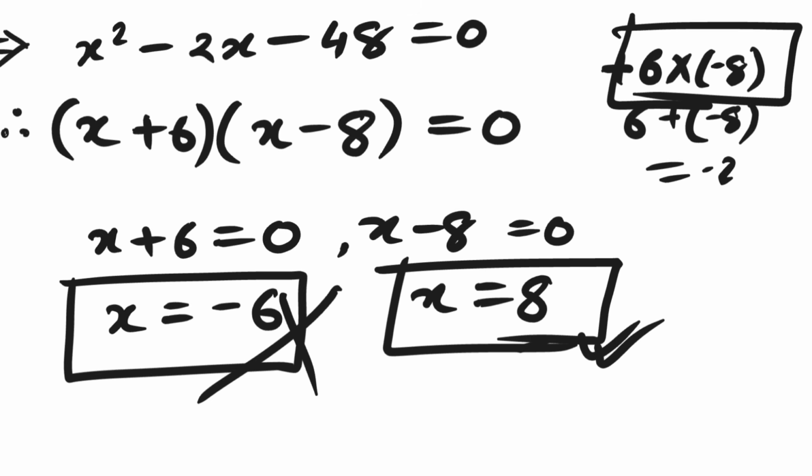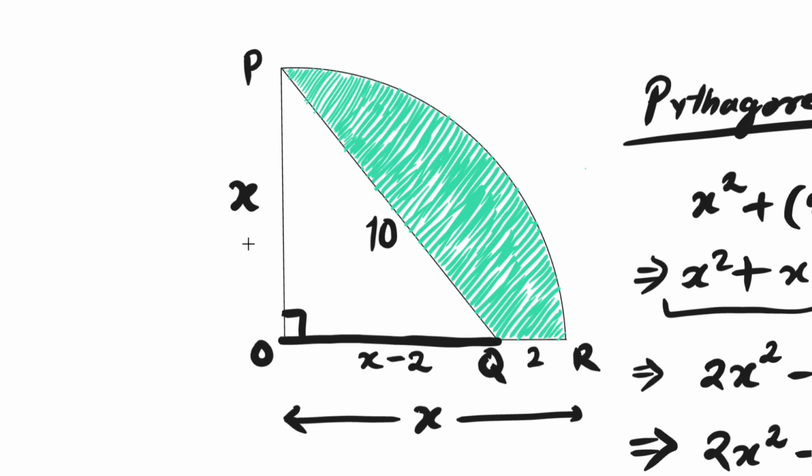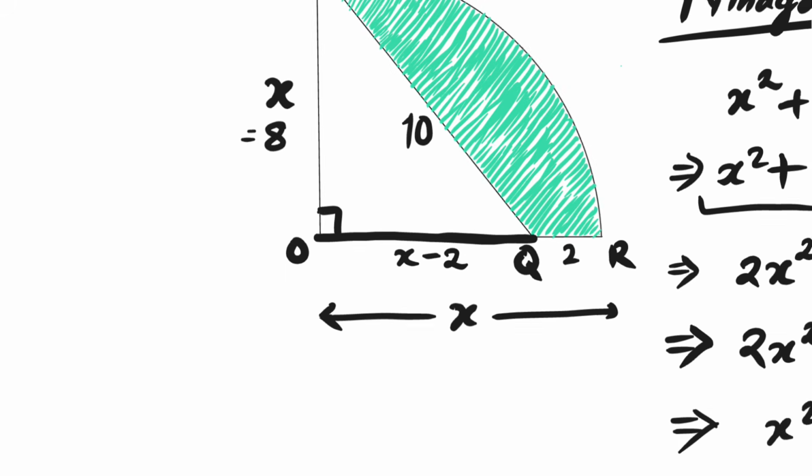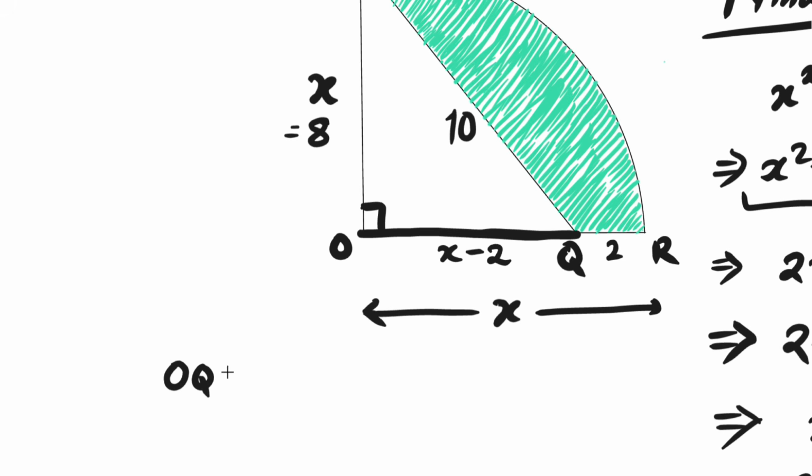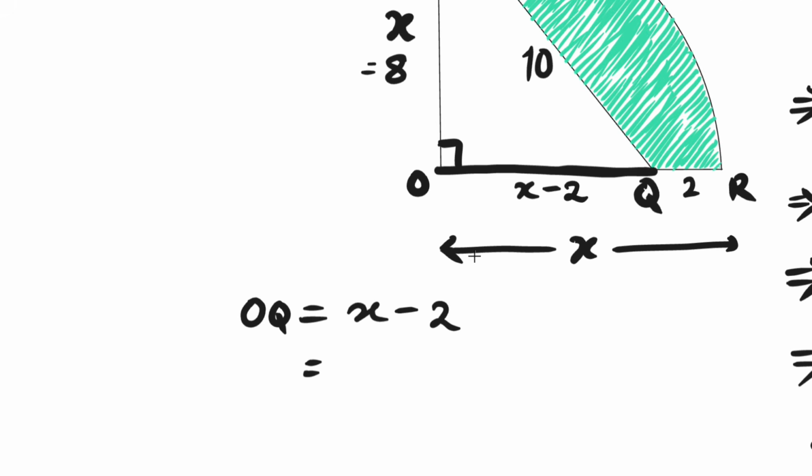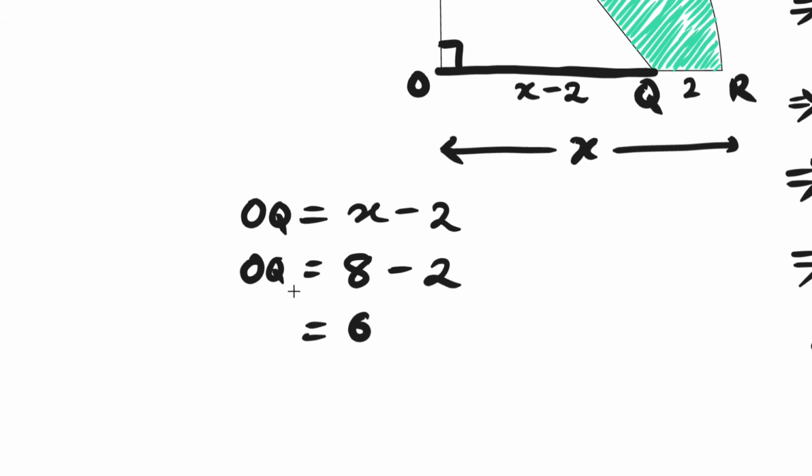This tells us that the radius of the quarter circle is 8 units. Once we know the radius, finding OQ becomes easy. Remember, OQ equals x minus 2. Substituting x equals 8 gives OQ equals 8 minus 2, which equals 6.